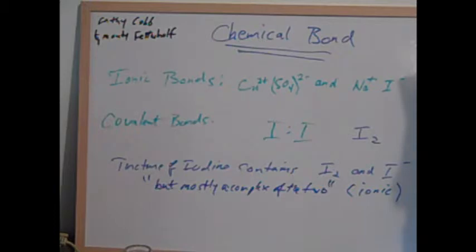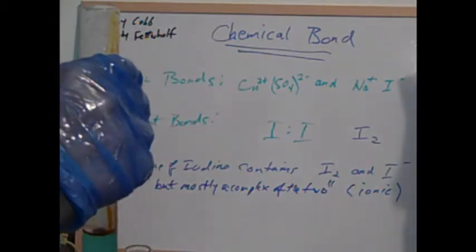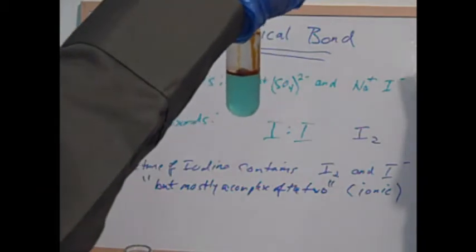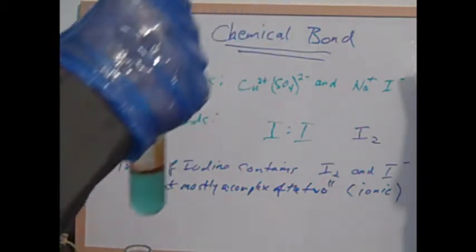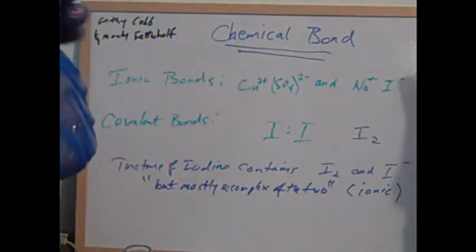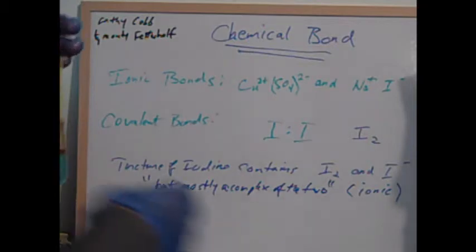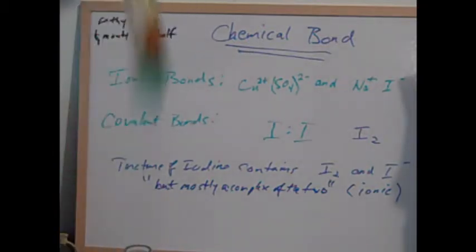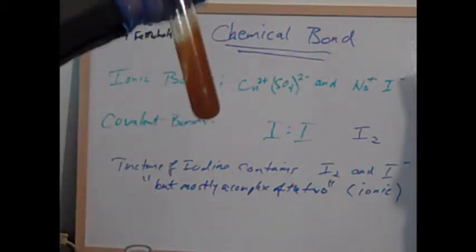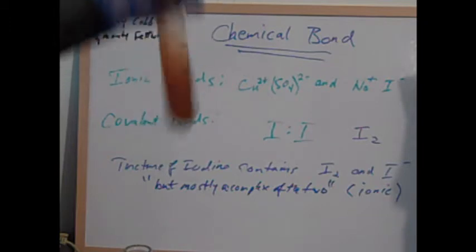Now that's a combination of iodine, I2, and sodium iodide that has I- in it. I haven't shaken it up yet. Let me put my cork back in here, close off the mineral spirits, and shake this up. It's brown, tincture of iodine.